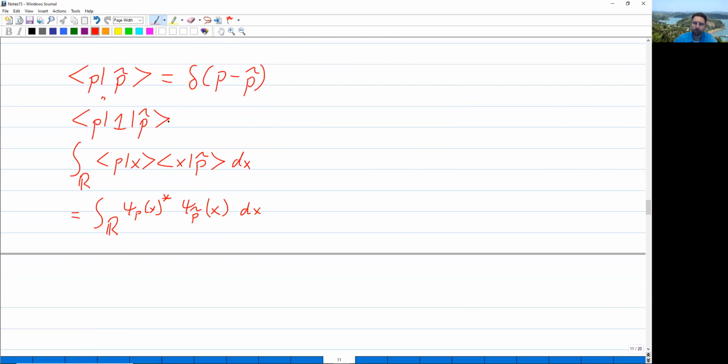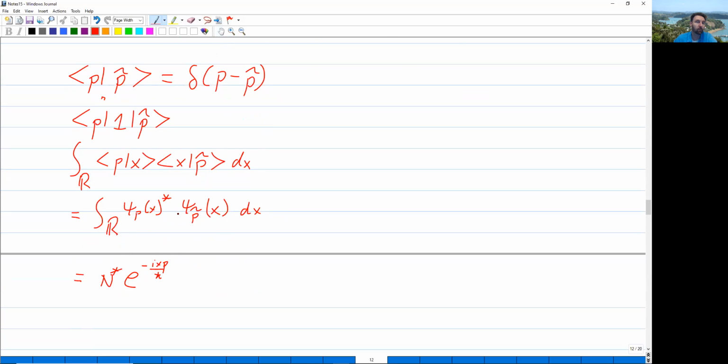And this, therefore, is equal to n star, the complex conjugate of e to the power of minus i x p over h bar, because we know already what psi p of x is.